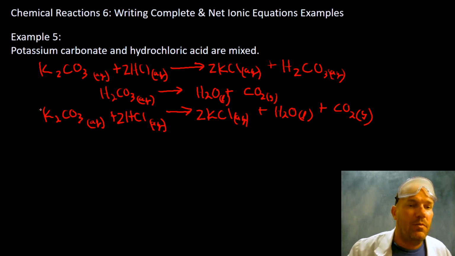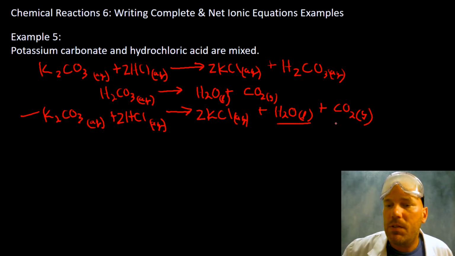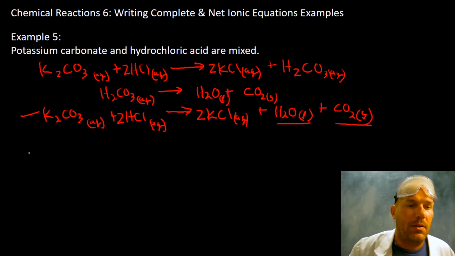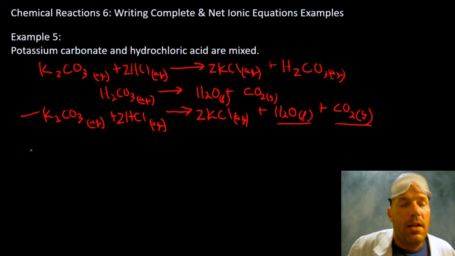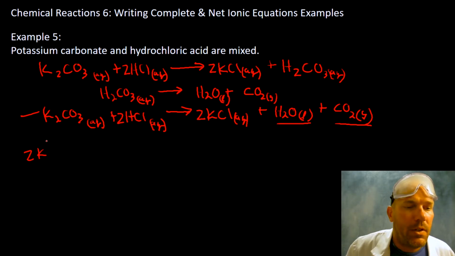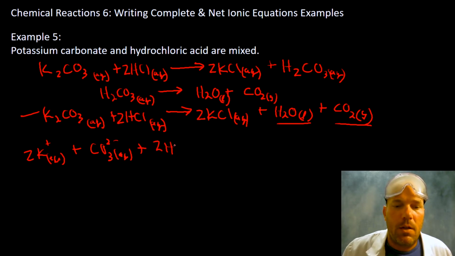So I've gone ahead, we've done similar examples, so let's pick it up right here with this guy. All right, here we go. So I am not going to dissociate these compounds. Everything else is aqueous, everything else is dissociated. Subscripts become coefficients. Don't forget charge and states of matter throughout. So let's see if we can knock this thing out here as quickly as possible and wrap up this podcast. 2 strong acid completely dissociates.